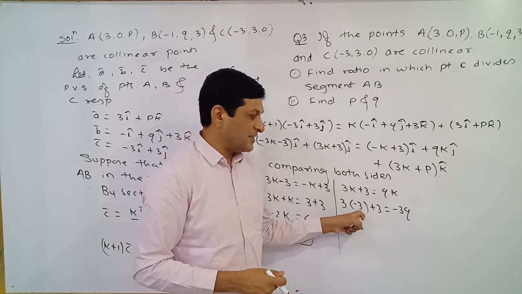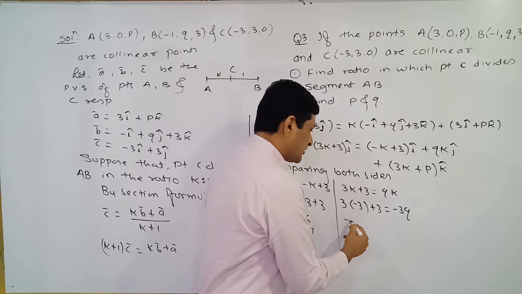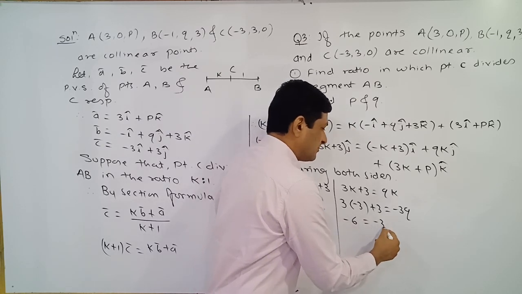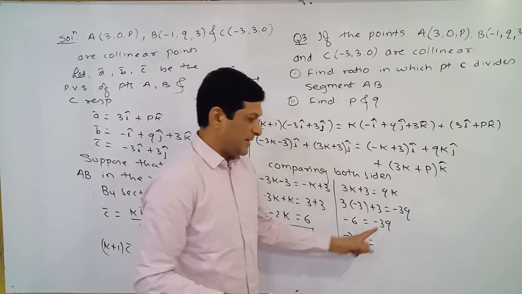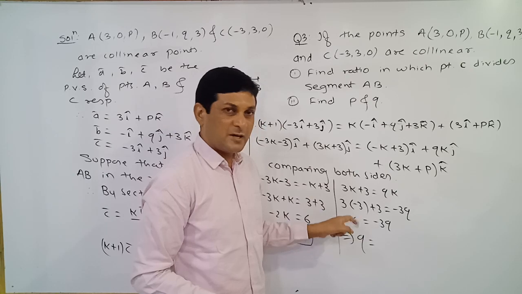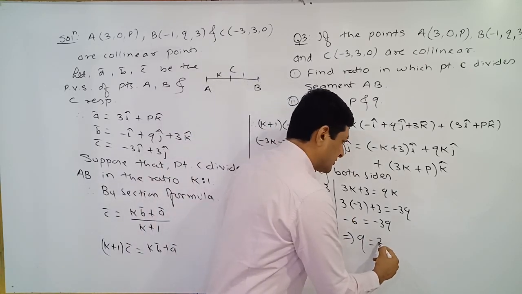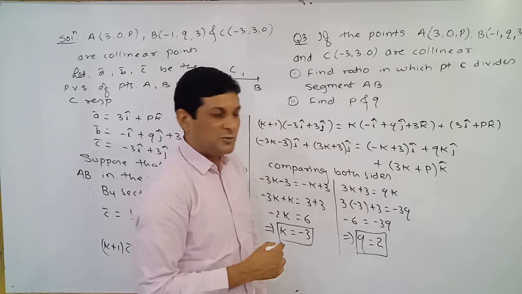Simplified, 3 into minus 3 is minus 9. Minus 9 plus 3 will be equals to minus 6, and on this side minus 3q, keep it as it is, which implies that q is equal to, minus 3 will get divided on this side. So minus 6 divided by minus 3 will be equals to plus 2, because minus minus will get cancelled. In this way we have got the value of q also.